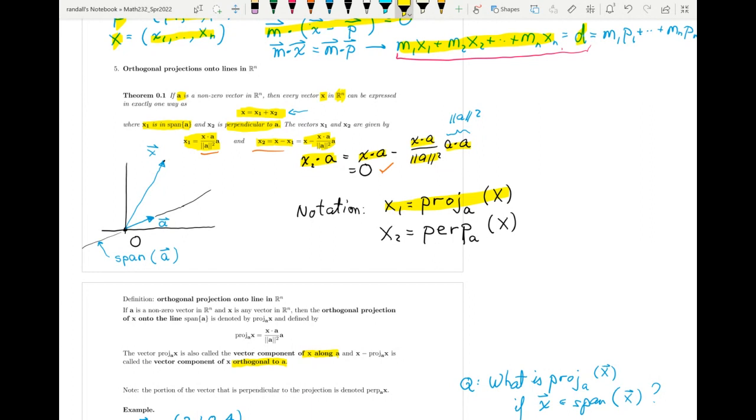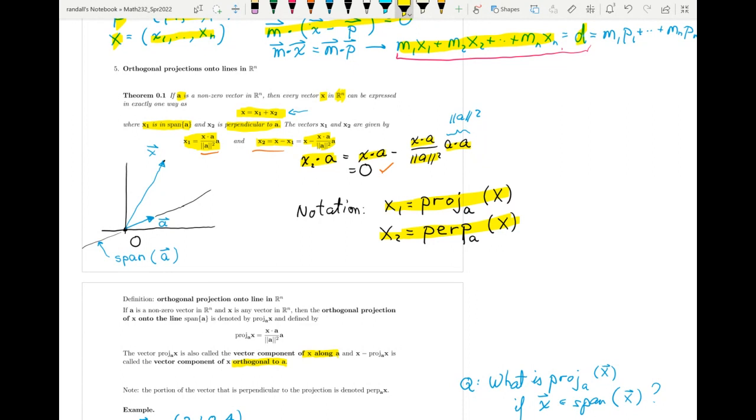That's why the little a is on the bottom, and the brackets hold the vector x that you want to project. Or x2 is the other part, which is perpendicular to A, so that's this term perp, short for perpendicular, with a little a in the subscript to indicate that's the vector it's perpendicular to, and we're taking that part of x here. So that's x2.